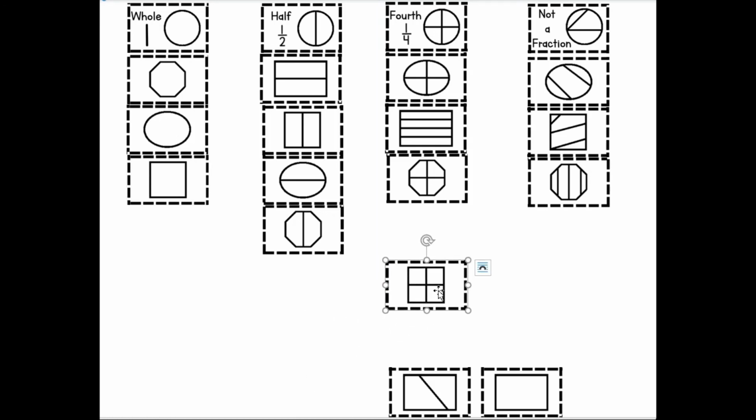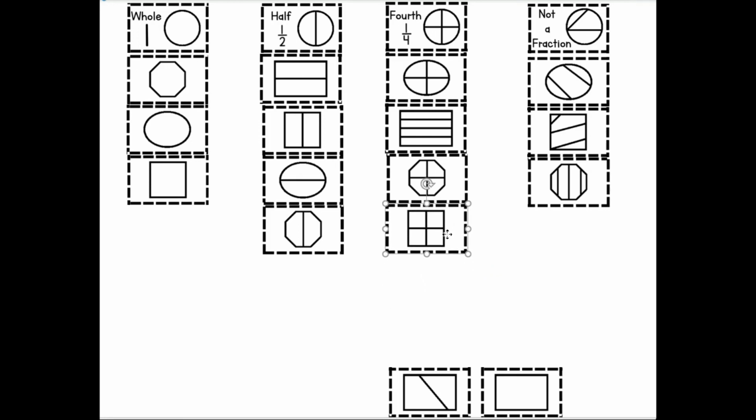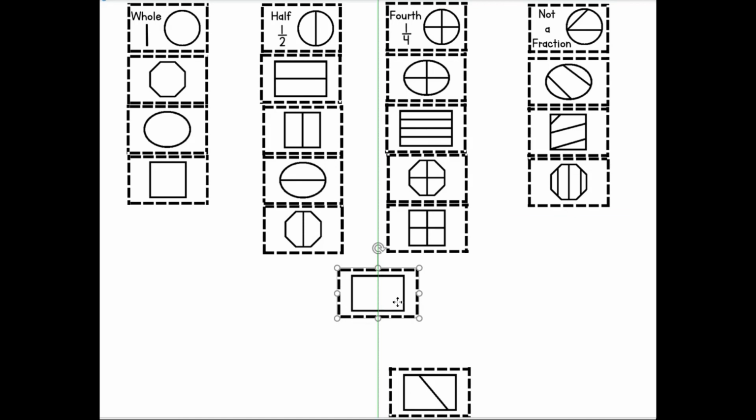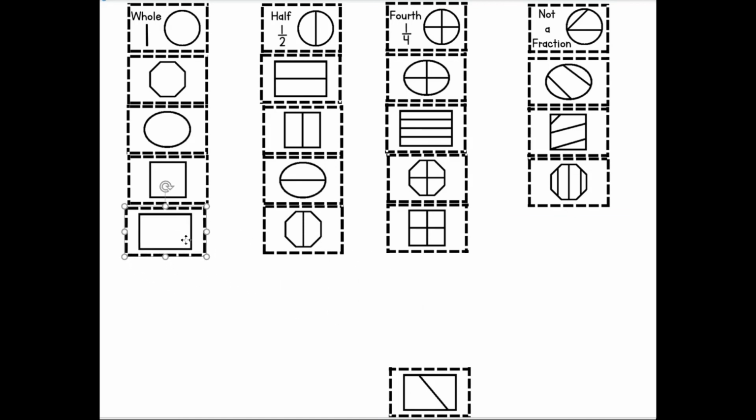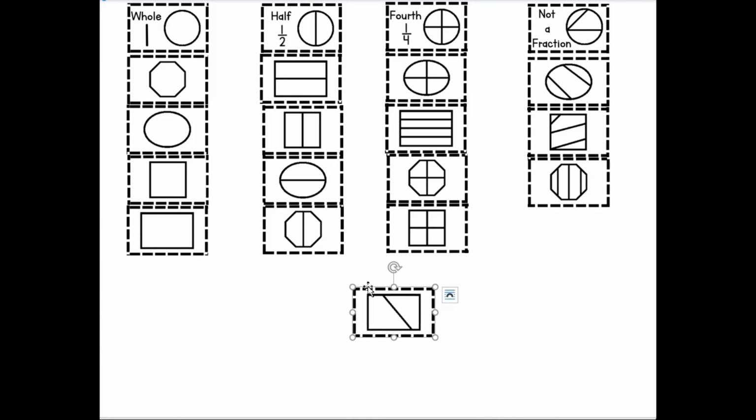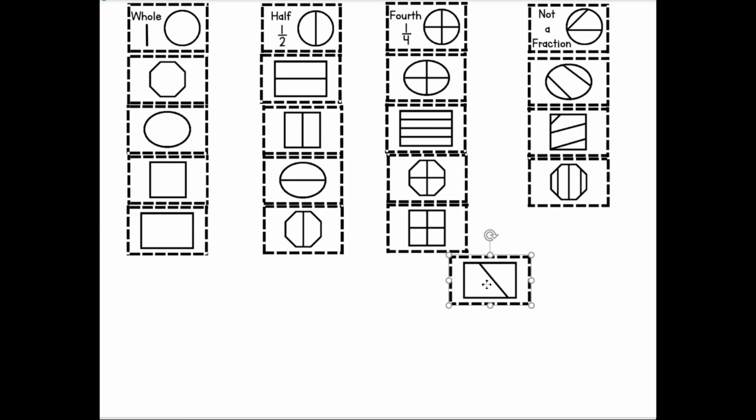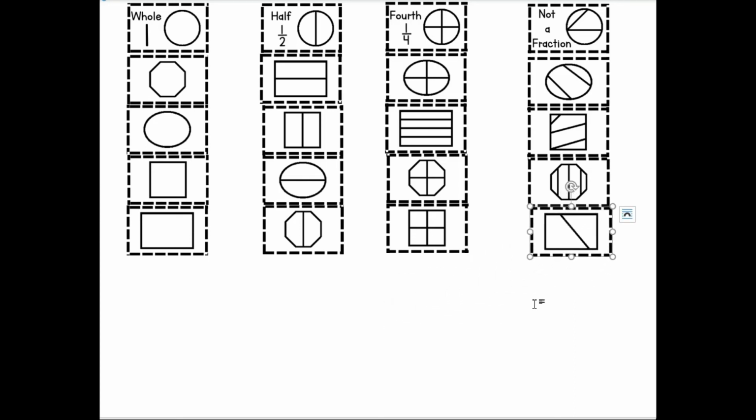I have a square cut into 4 equal pieces, so it's showing you fourths. I have a whole rectangle. I'm going to put it under 1 whole. And then the last one I have is a rectangle cut into 2 pieces. They're not quite equal though. It kind of looks like they could be, but this side is a little bit bigger than that side. So I'm going to put that one under not a fraction.